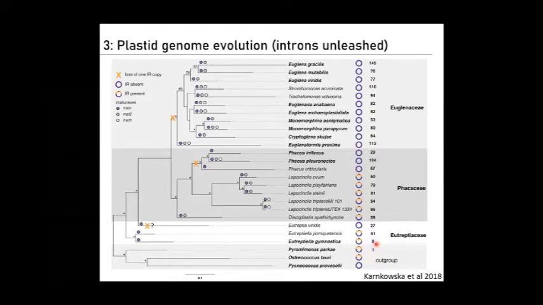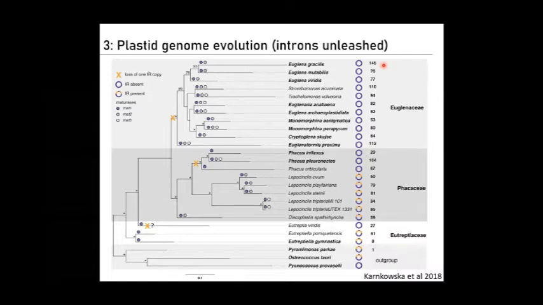However, this structure has been quite turbulently changed during the evolution of euglenophytes. Some of them still preserved the inverted repeats, some of them lost them, some of them have tandem repeats, and also the introns became kind of unleashed. And in some lineages, and especially in the best studied Euglena gracilis, reached considerable numbers.